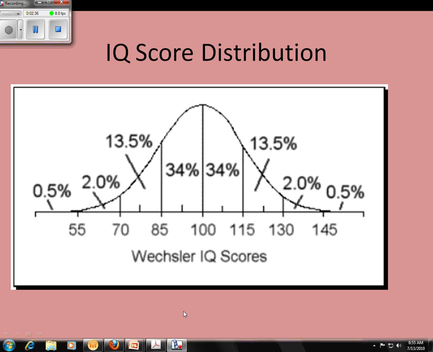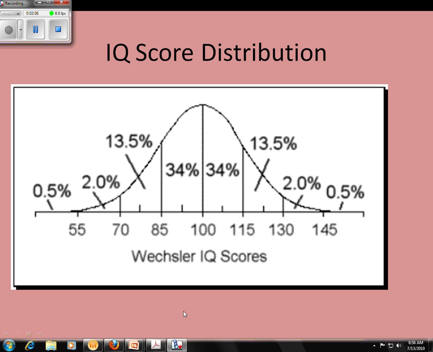In other words, a student with an IQ of 100 is functioning at the mean, at the average range of intelligence. A student with an achievement score of 100 is on grade level, in other words, average for their grade. And so if you see an IQ score of 100, and an achievement score of 100, that student's achieving to their ability.